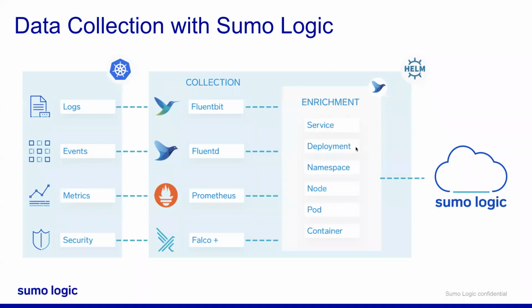So we have our logs, which are collected by a Fluent Bit daemon set. Events are pulled from the Kubernetes API server using a plugin that we wrote for FluentD. Metrics are collected using a Prometheus operator, and the security events, as mentioned, come via Falco, which is a kernel level anomaly detection tool.